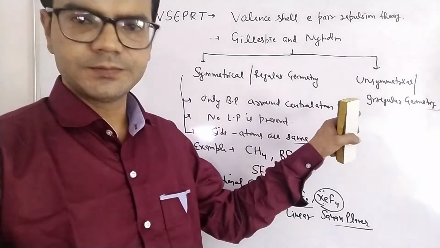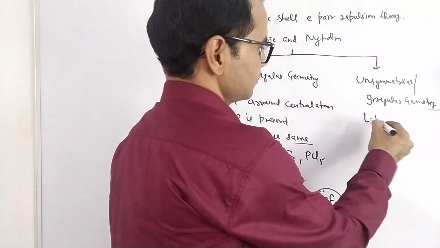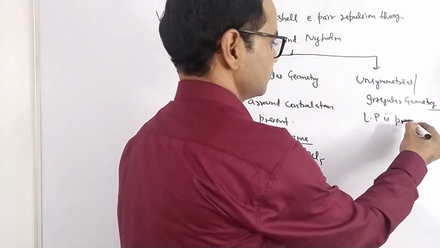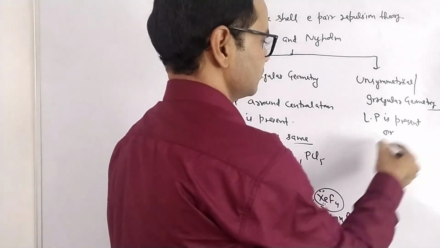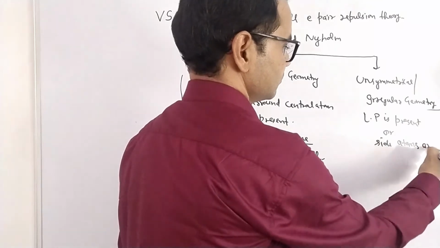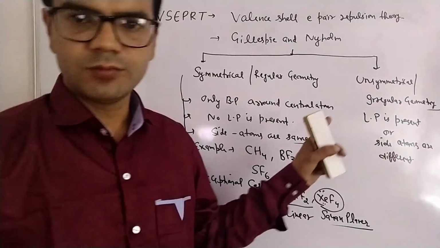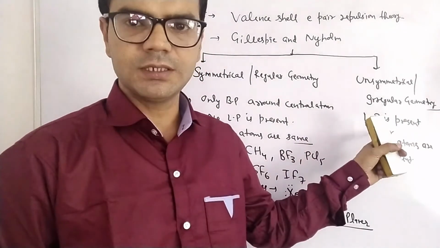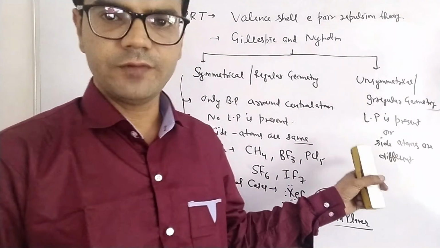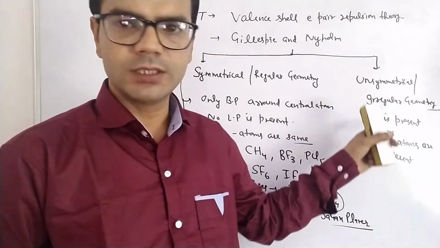Just opposite of it, if the molecules in which a lone pair is present or side atoms are different, they possess unsymmetrical or irregular geometry.